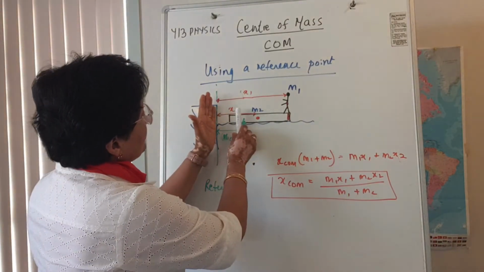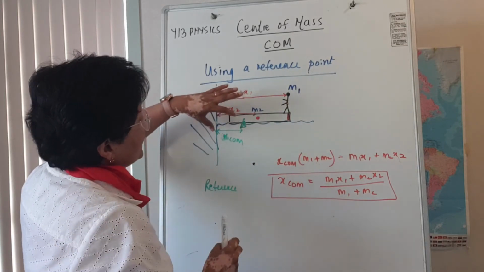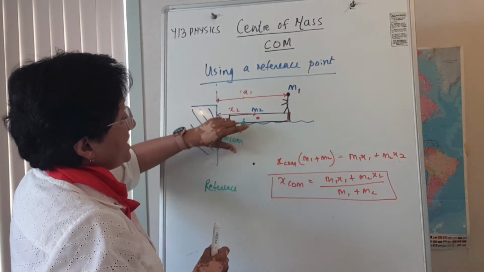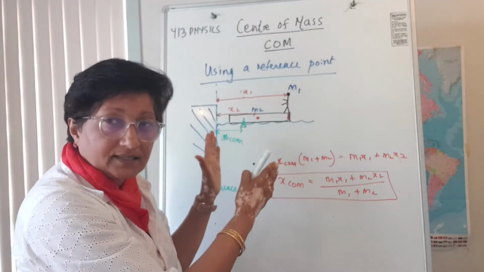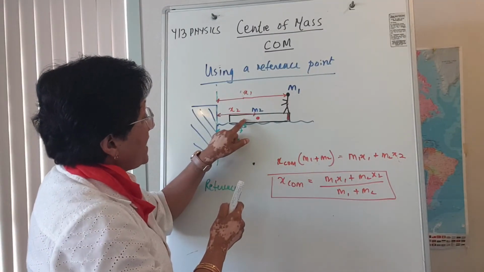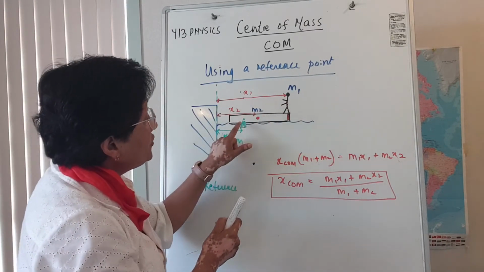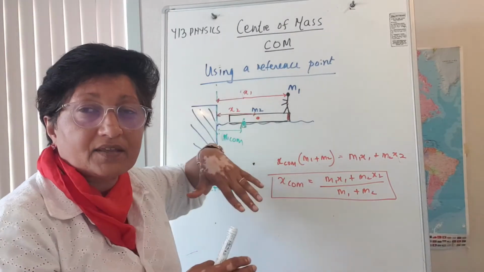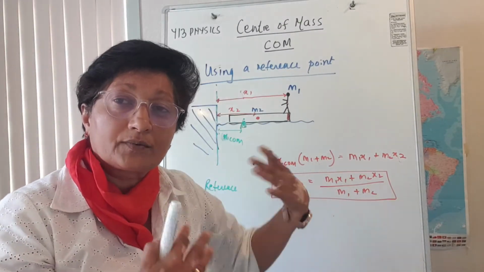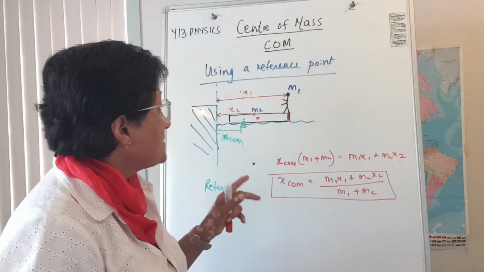So even if this plank moves back and forth because of the girl going back and forth, the distance of the center of mass of the system from the reference point will always stay the same. The center of mass of the system with respect to the plank may change back and forth, but this distance will stay fixed. Okay, that's something we have to keep in mind, and I will be reiterating this when we do a question later on based on this.